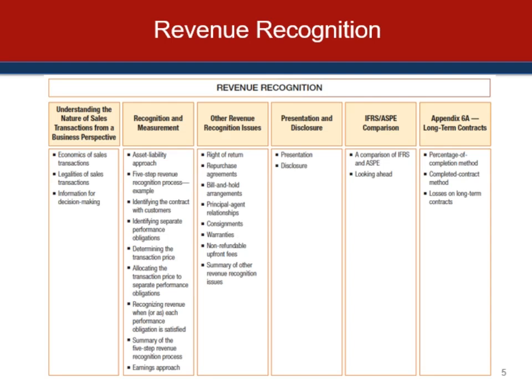So we're going to look at the earnings process, look at the concept of value added in particular, and so if we look at illustration 6-1 in your textbook, there's a few different earnings processes listed there.